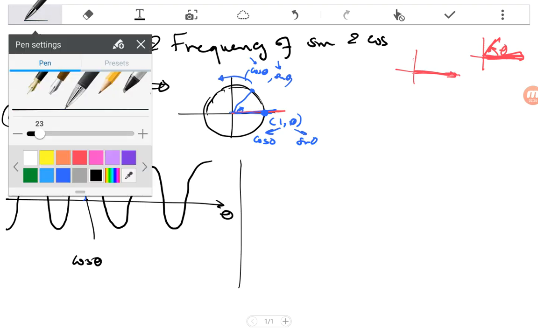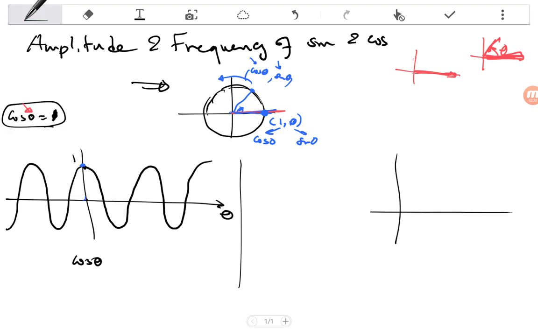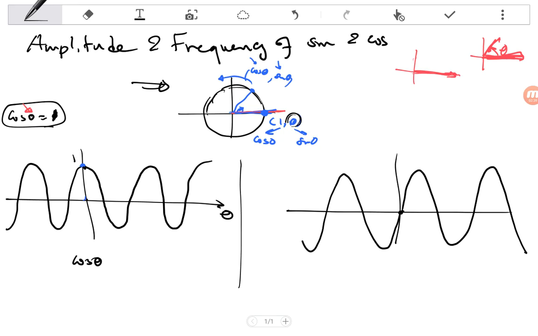Okay, and for sine theta, we have learned that it starts with 0, like this, and it has a similar curve, but you can consider it as if it is shifted.